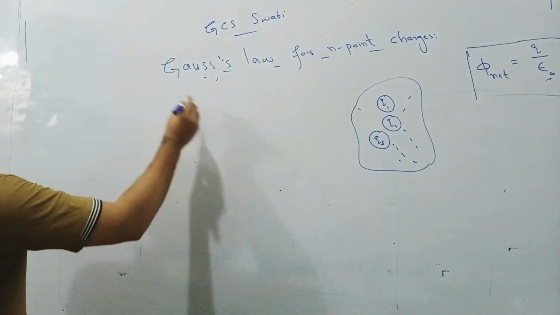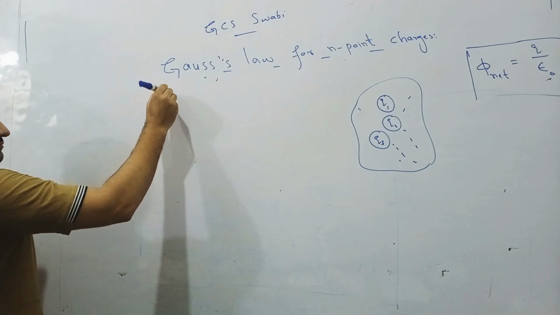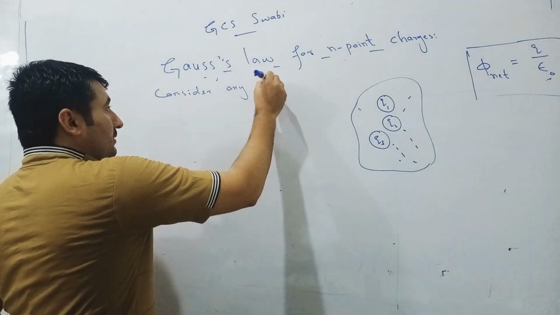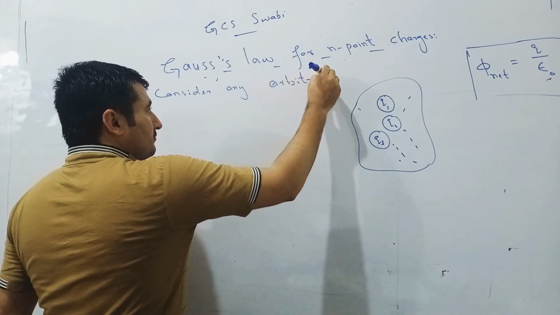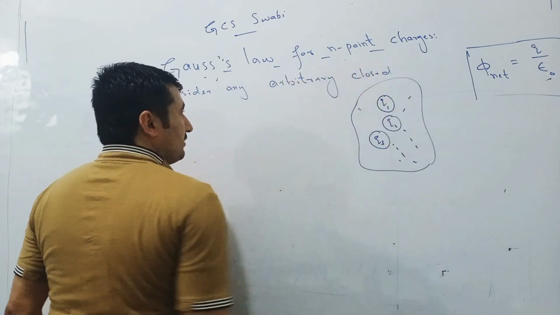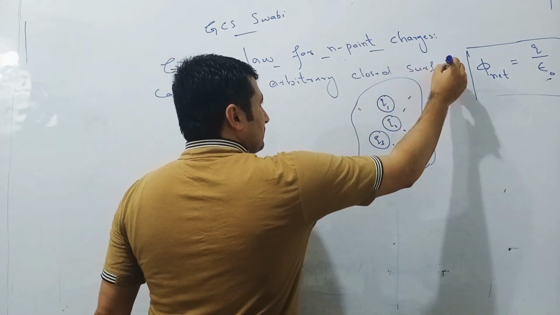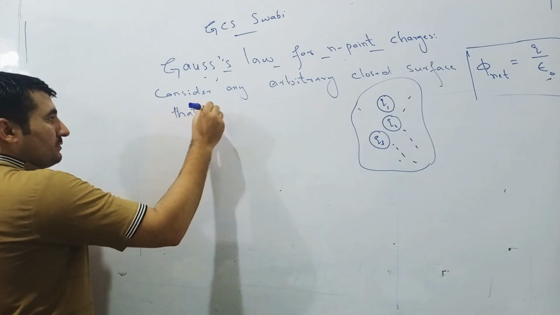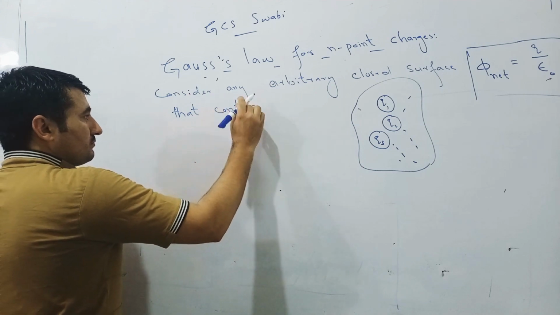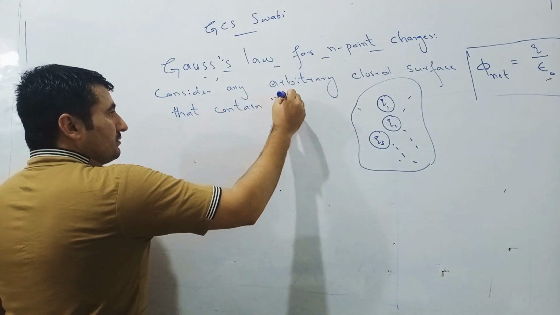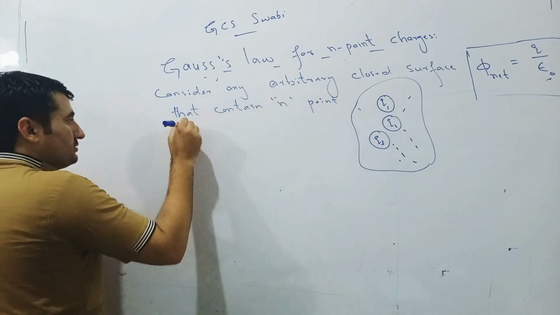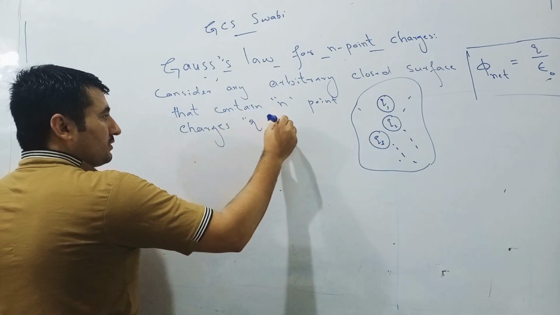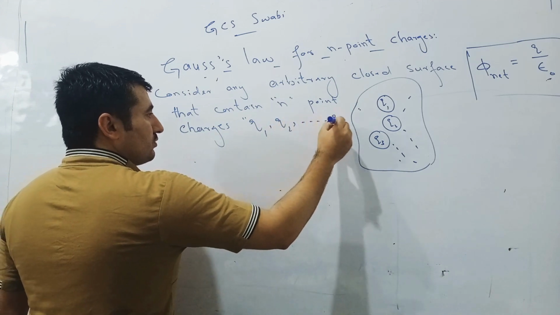So consider any arbitrary closed surface, a regular any surface, that contains n-point charges, Q1, Q2 up to Qn.